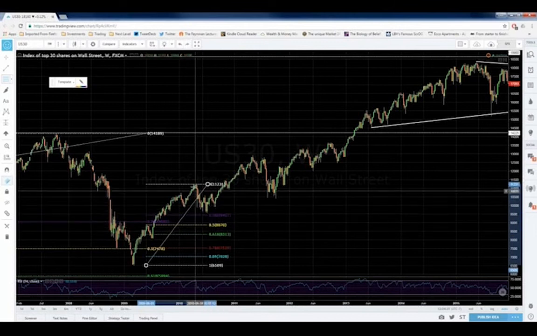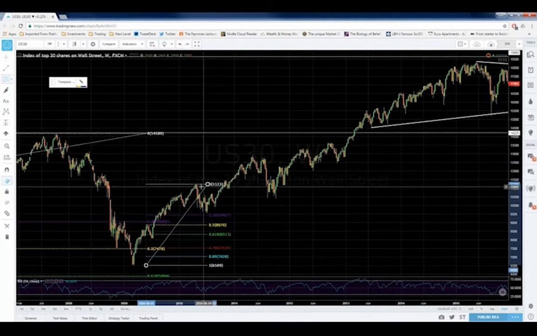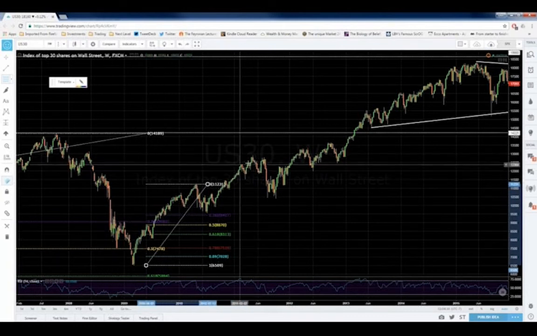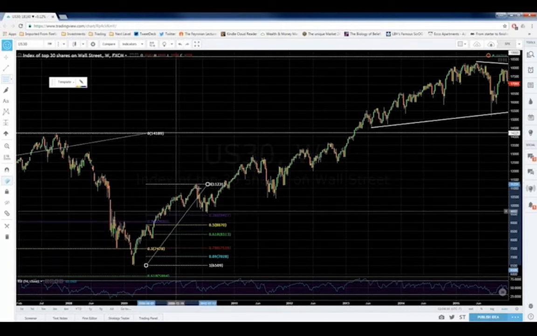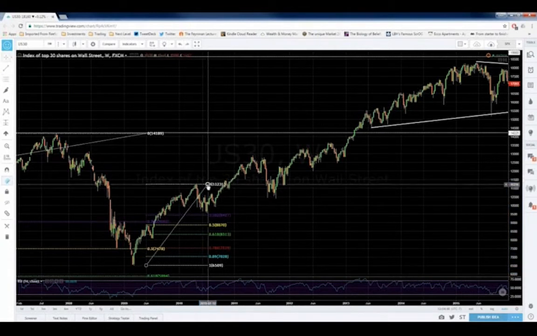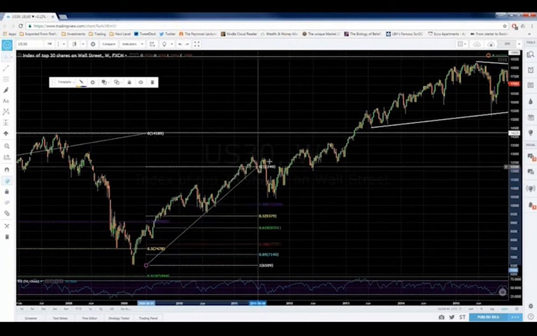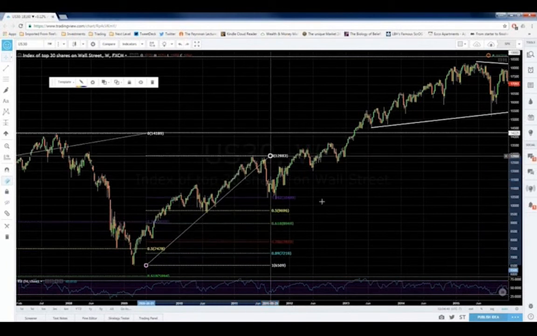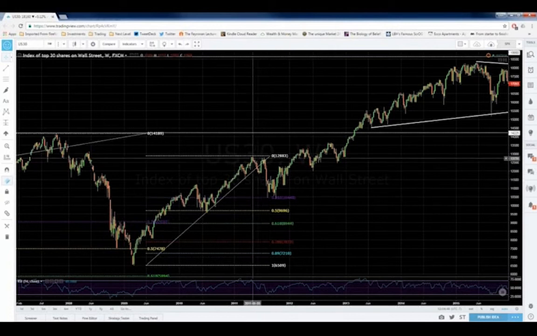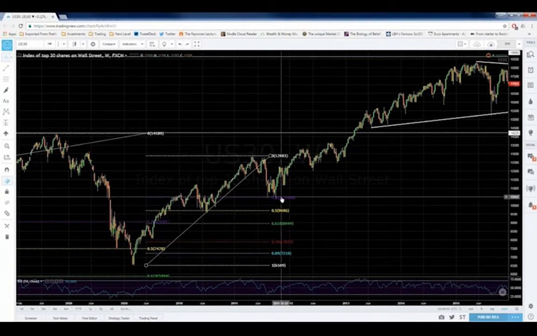So we're thinking A, B, C, or maybe this is on a weekly chart from the low, this is kind of all one wave. But something else happened. We came to the 382 there. When we overlapped that, we had what we call symmetry. So when we go back to this 2011 high, look at the pullback, it came right down to the 382.